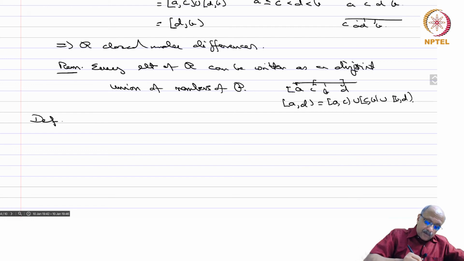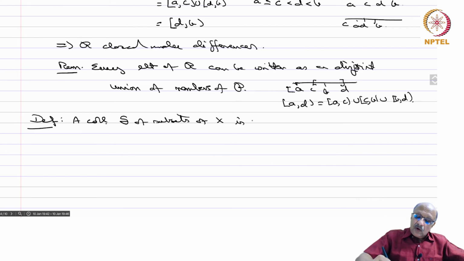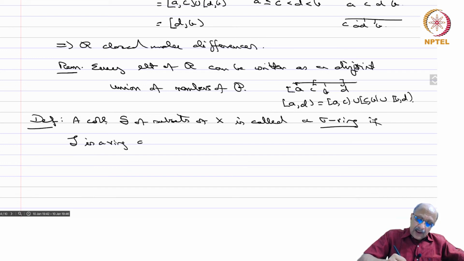Definition again. A collection S of subsets of X is called a sigma ring if S is a ring and closed under countable unions.